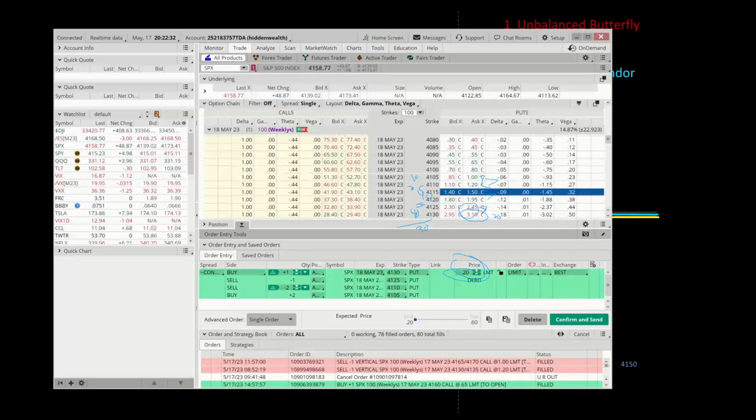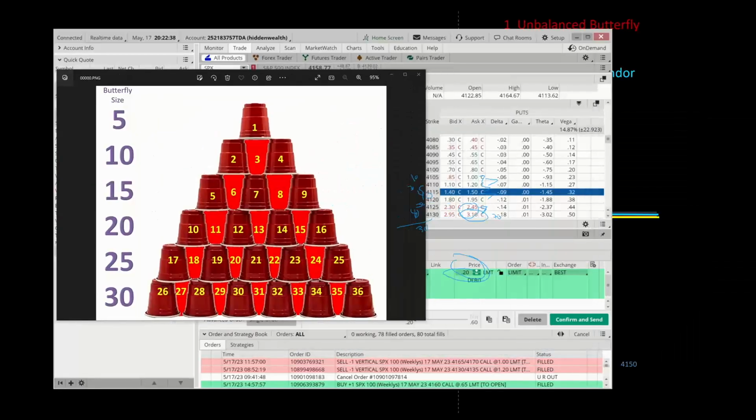Remember, the $25 butterfly has 25 $5 butterflies in there. So I can sell 7 contracts of a $5 butterfly and still have 18 left. Then I can sell 8 more and have 10 left.